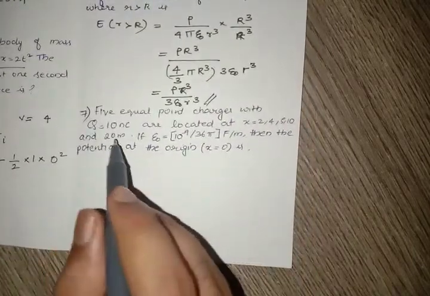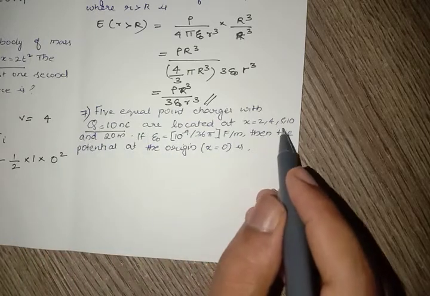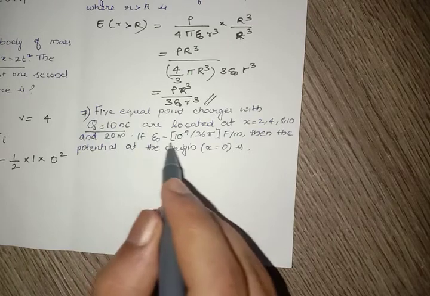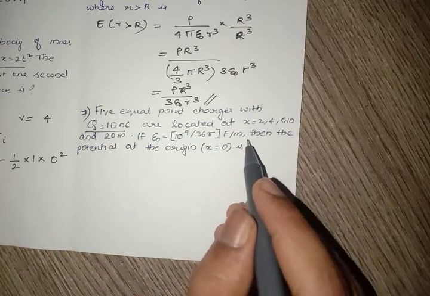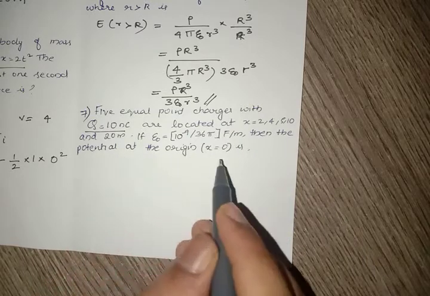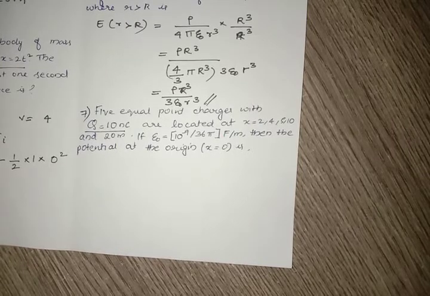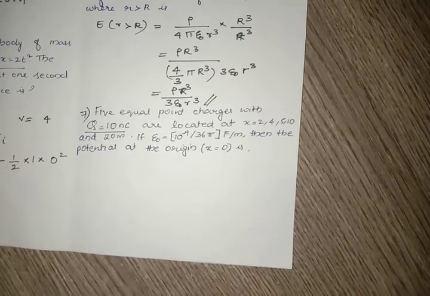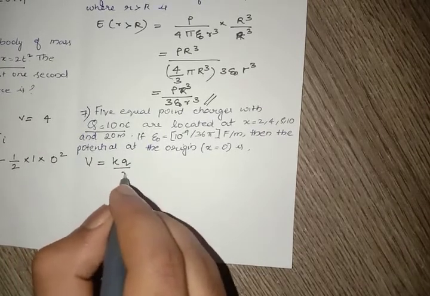Five equal charges with q is equal to 10 nanocoulomb are located at x is equal to 2, 4, 5, 10 and 20 meter. If epsilon naught is equal to 10 raised to minus 9 by 36 pi farad per meter, then the potential at the origin x is equal to 0 is. We know that the equation for the potential of an electric field is V is equal to kq by r.